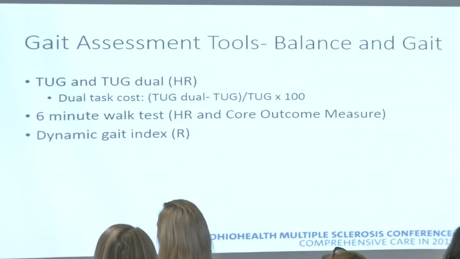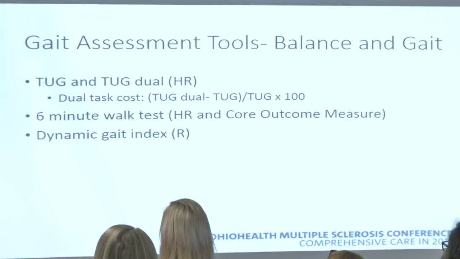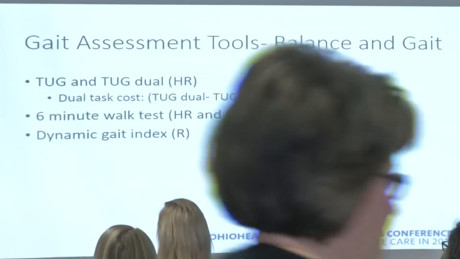Of note, this assessment is performed in a very closed environment, so this isn't going to replicate necessarily what someone will look like in the community. It just lets you know, can they make it that distance? For those who are unable to complete the 6-minute walk test, a 2-minute walk test is an accepted alternative if you want to be able to capture some type of gait distance.